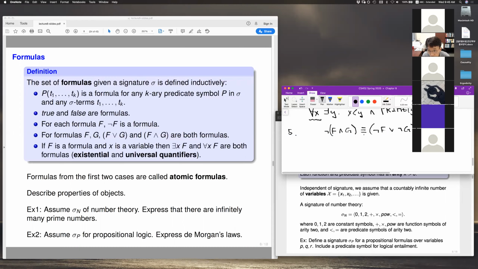Let's express the first De Morgan's law using the signature that we talked about. So we say for every x and every y, in this case x and y will denote propositional logic formulas. And then we have to say that what you construct on the left-hand side is logically equivalent to what you construct on the right-hand side.